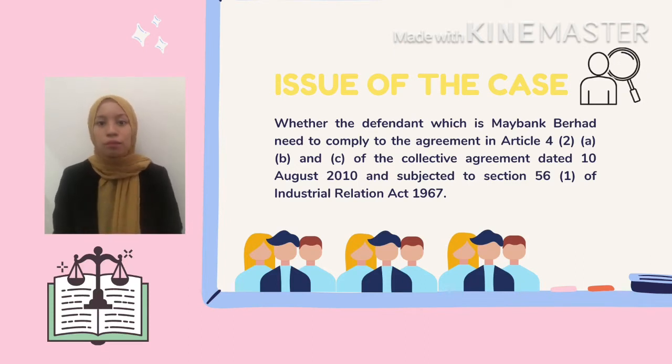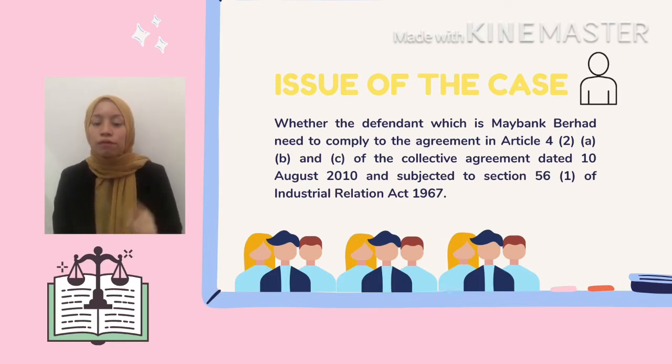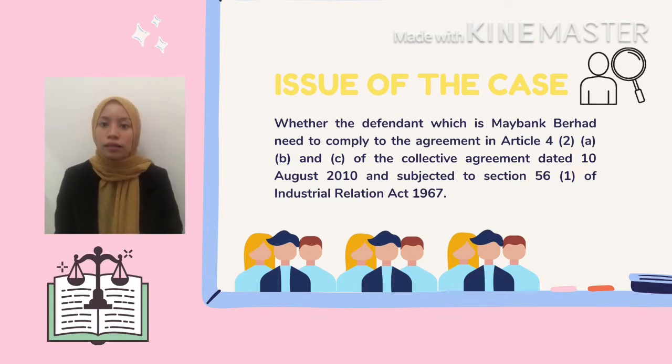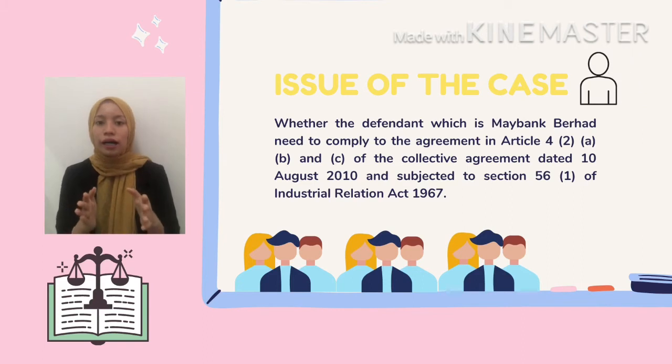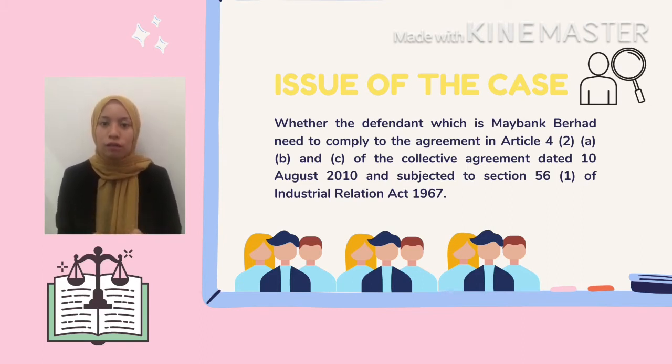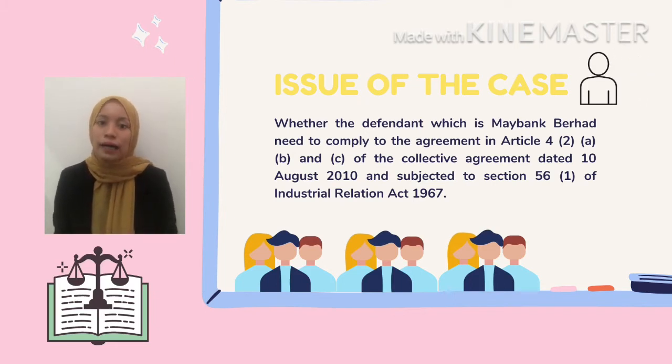This is because, based on the article, the defendant did not comply with Article 4, Sub 2, Sub B and C, which caused the National Union of Bank Employees, NUBE, to file a complaint under Section 56, Subsection 1, whereby Berhad did not comply with the award or collective agreement.